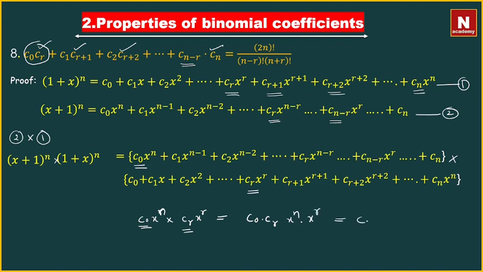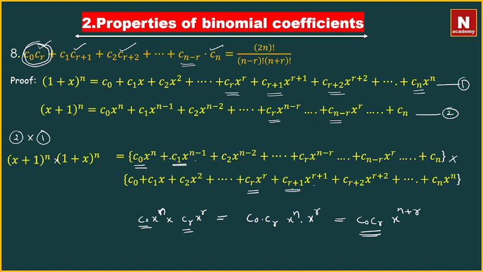Now this will be C0 Cr into x power n plus r. Therefore this term is the coefficient of x power n plus r. That means C0 Cr is nothing but the coefficient of x power n plus r in RHS. Similarly, the coefficient of next: C1 into, if you multiply with Cr plus 1, C1 into Cr plus 1, x power n minus 1 into x power r plus 1.